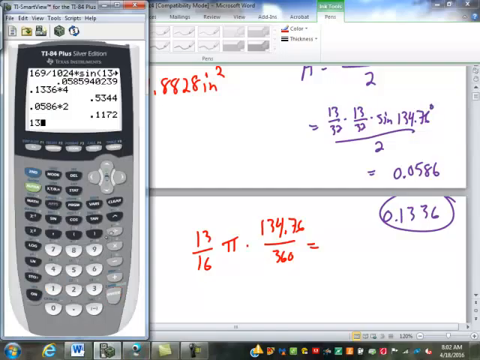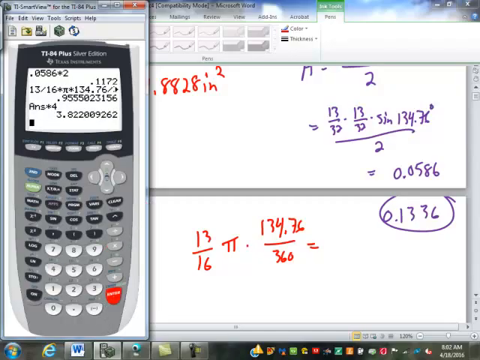So 13/16 times pi times 134.76 divided by 360. 0.9555, and that's going to be times 4 then, because it's a 4 inch long groove.